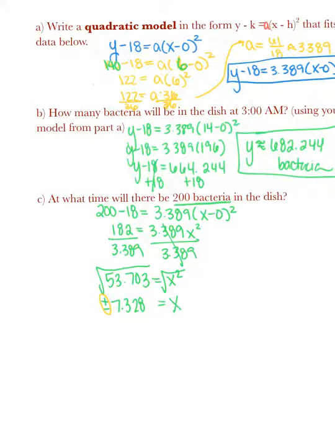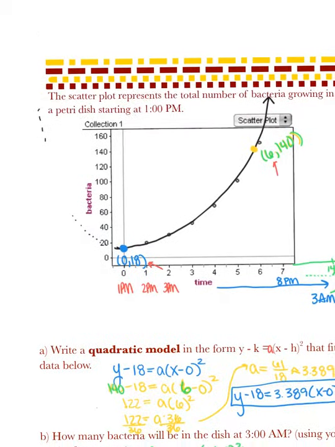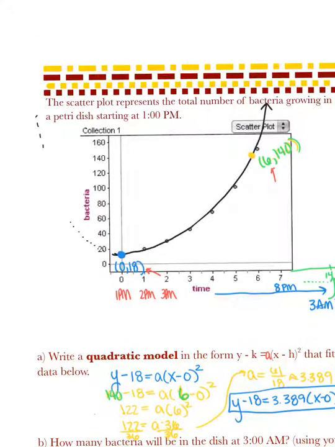So let's go back up to my graph. It's saying when x is 7.328 and negative 7.328, I'm going to reach 200 bacteria. So let's think about what this is saying. This is saying that when x is 7, which is right here, a little bit above that, that is when my graph is finally going to reach 200.